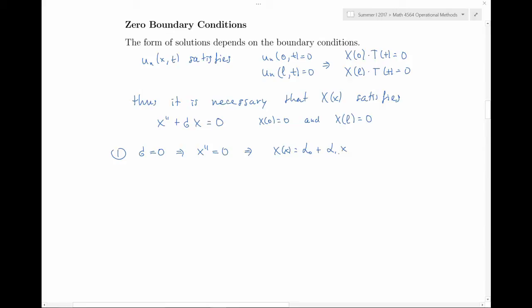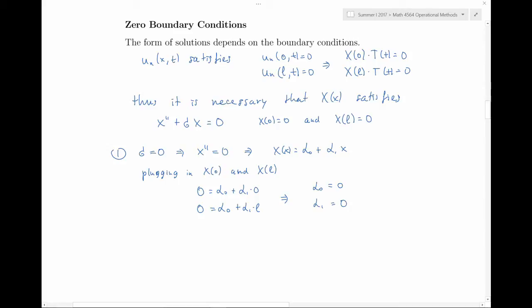Okay, let's see how we can satisfy the boundary conditions. Plug in x equals 0. We get two equations. That 0 equals alpha 0 plus alpha 1 times 0, and 0 equals alpha 0 plus alpha 1 times L. If L is non-zero, this leads to the only possibility that both alpha 0 should be 0 and alpha 1 should be 0.